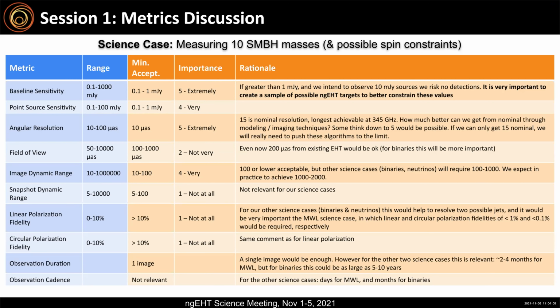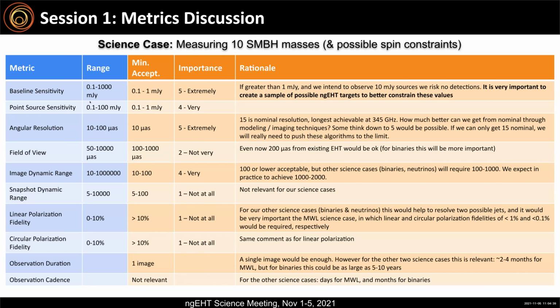We also realized that without actually knowing what would be the sample of sources we will be looking at, it will be difficult to get to a final number here. So we discussed that it would be very useful to try, in the next month, to create a sample of possible ngEHT targets and, out of that sample, check what would be the array requirements to observe the most promising ones and to try to get at least a sample of 10 sources.